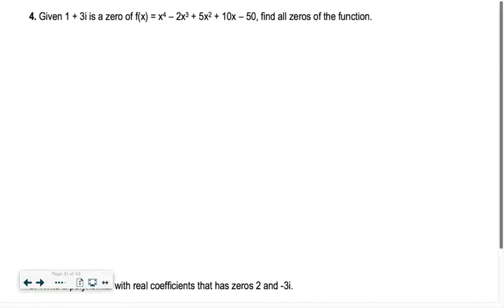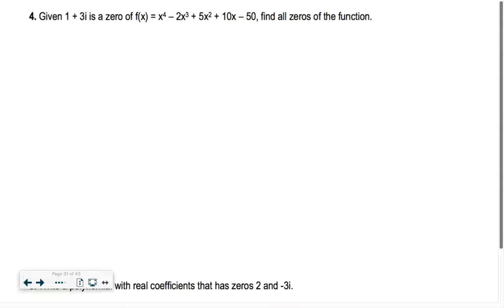So number 4, it says given 1 plus 3i is a 0, find all zeros of the function. So if we know that's a 0, we could do our synthetic division with i's. You guys didn't really like that, though. You can use your calculator to help you. Do you guys remember the synthetic division with i's? Wasn't there another way?